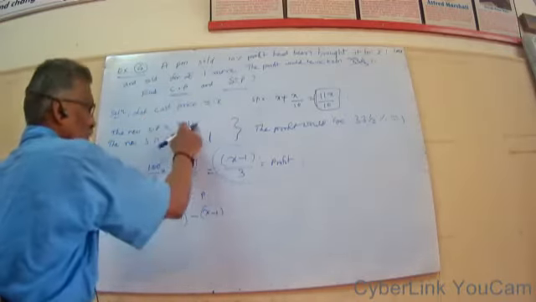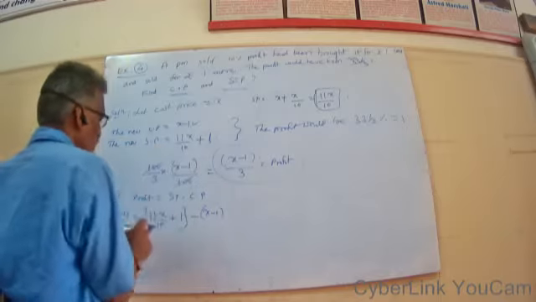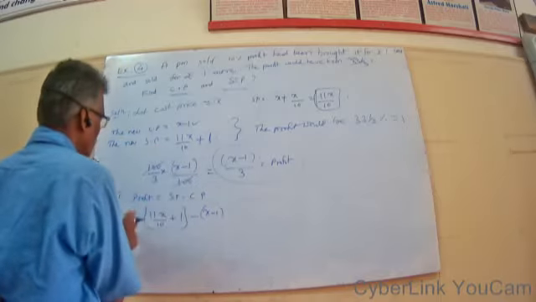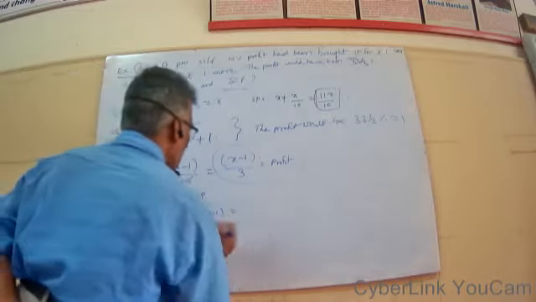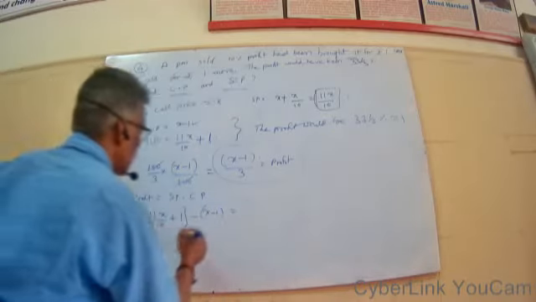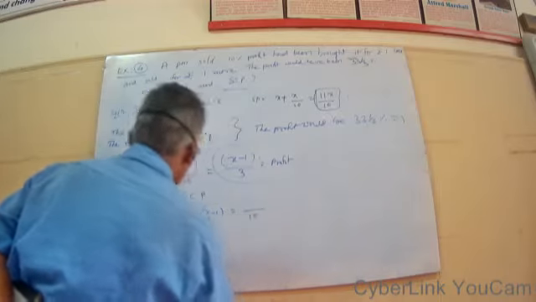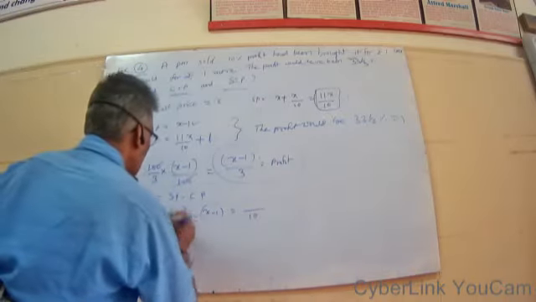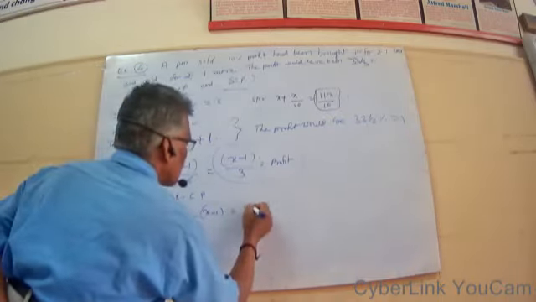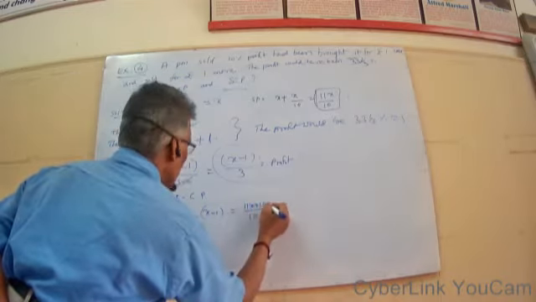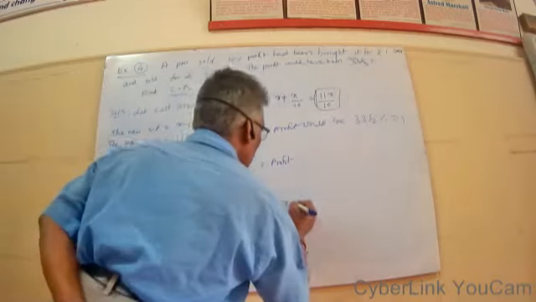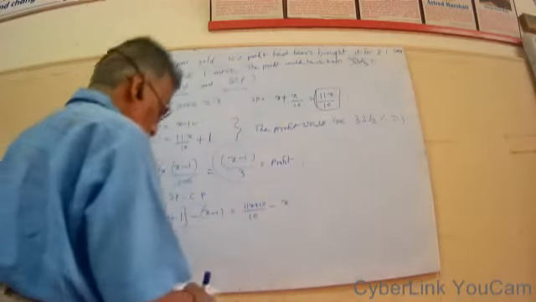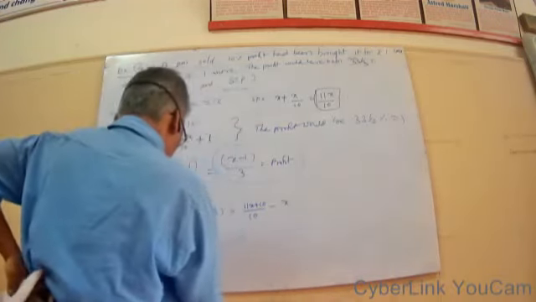The new selling price is this, so selling price minus cost price equals profit. Now only the simplification remains. The LCM is 10 here, so this equals 11x plus 10, minus x minus 1.